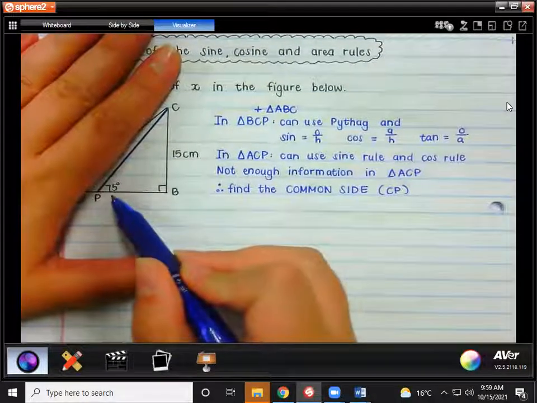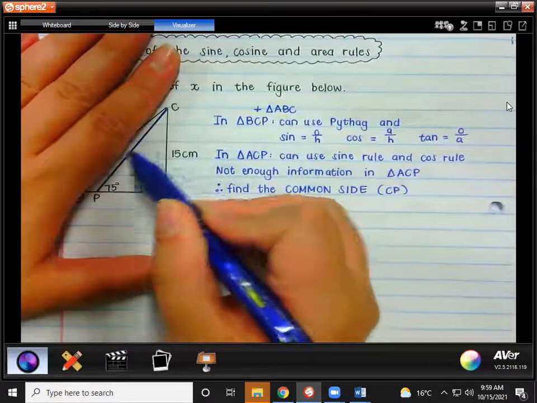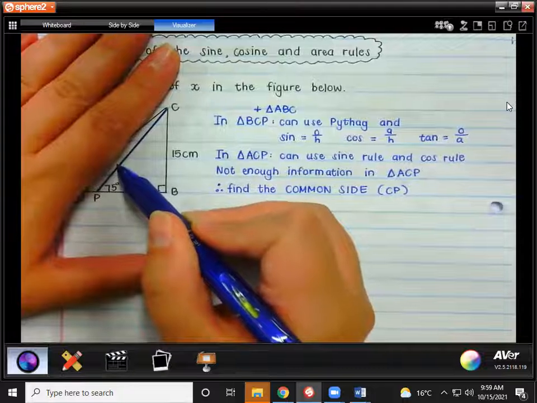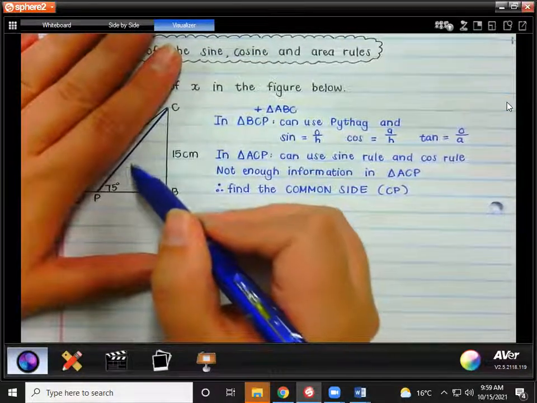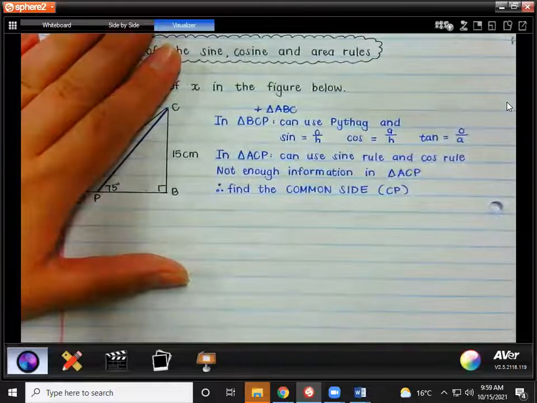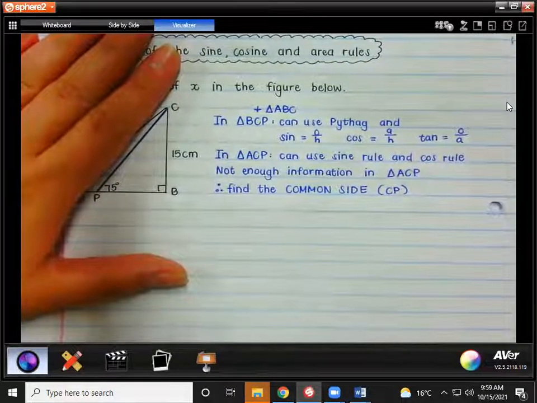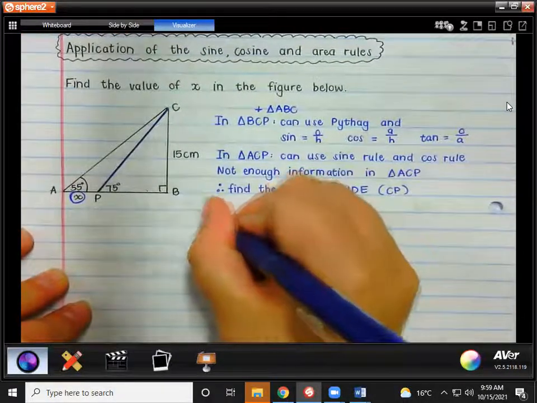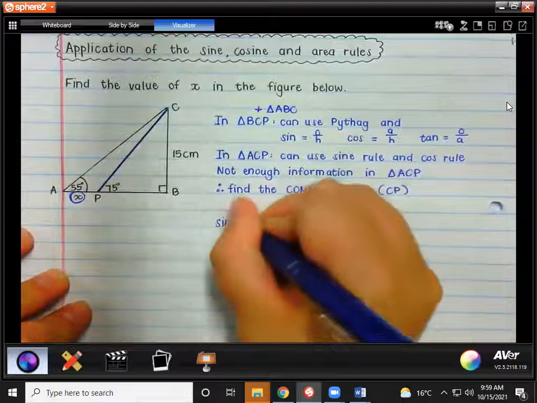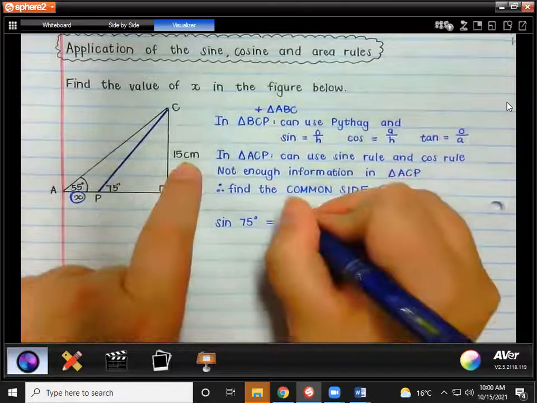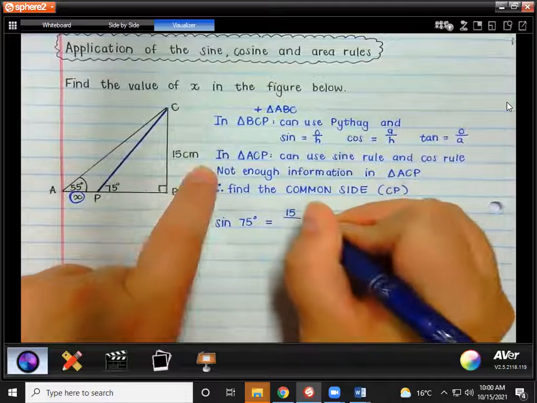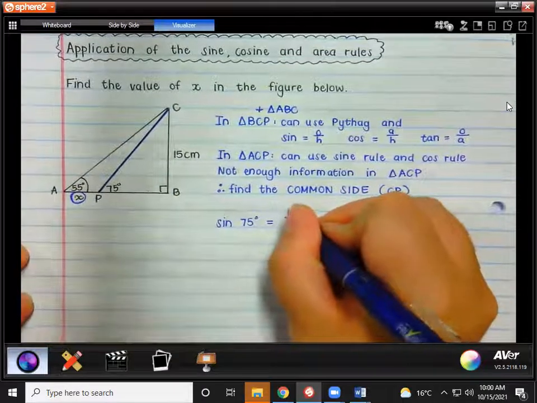So I'm going to say sine of 75 is 15 over CP, and then I can solve for CP, like the first exercise that we did. Remember when we worked in just right angle triangles, the very first one. So we're going to say sine of 75 degrees is equal to opposite 15 over hypotenuse CP.